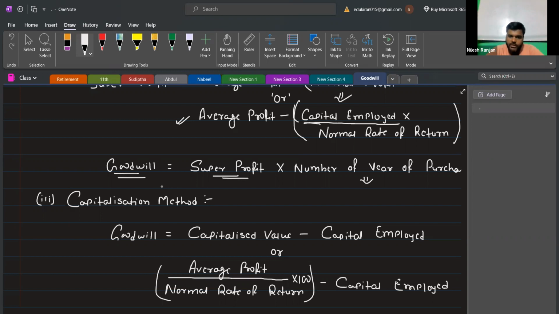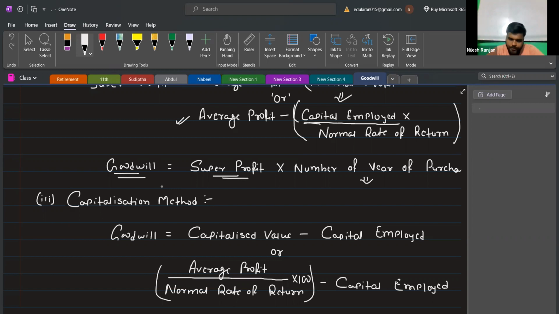You just have to explain the formula. Oh, sir, I don't know. Capitalized value minus capital employed. Capital employed you already know.